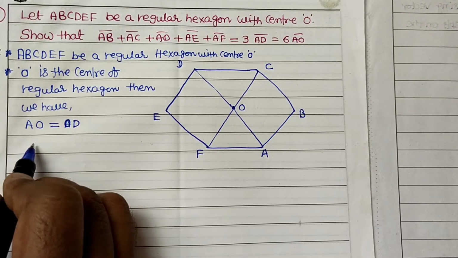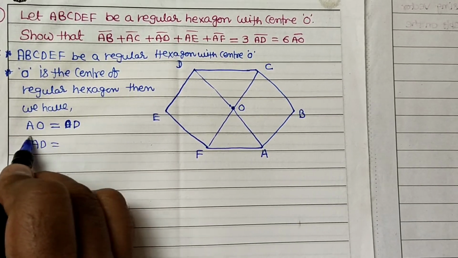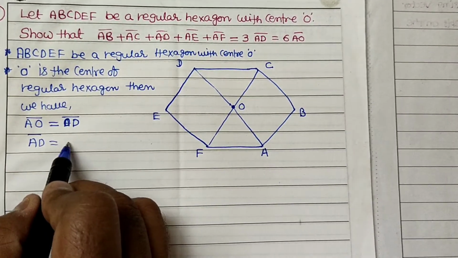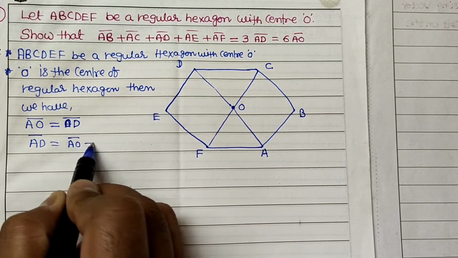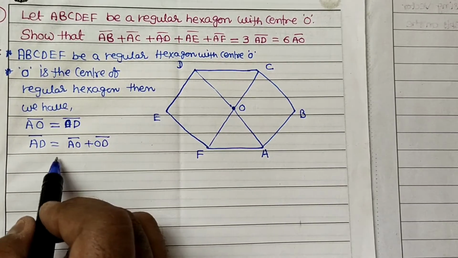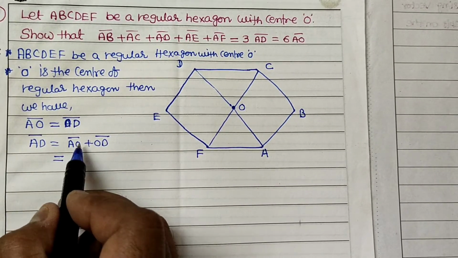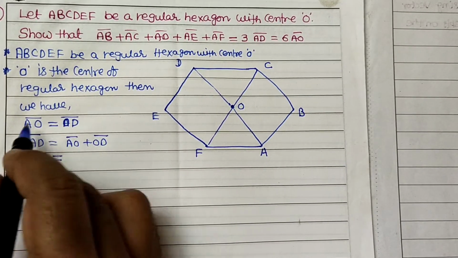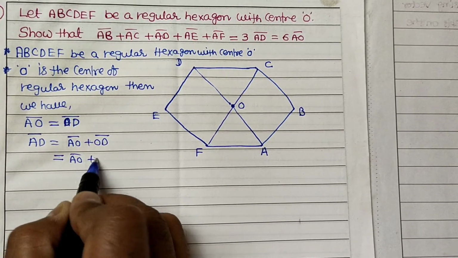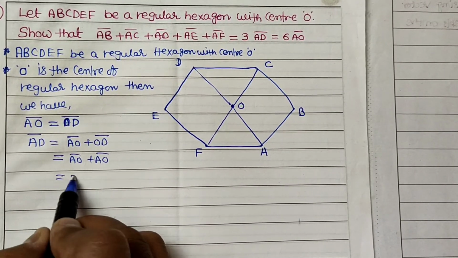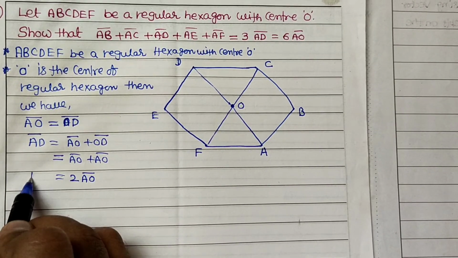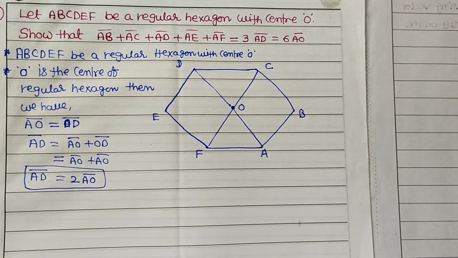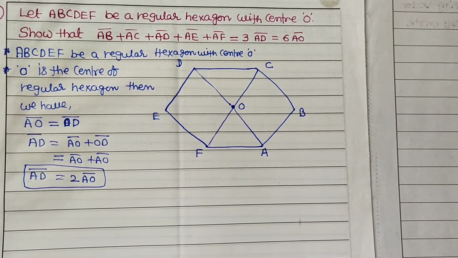So AD can be written as AO plus OD, which is equal to AO plus AO, which is equal to 2 times of AO. So AD in terms of AO, we got it. You put it in a box, this result we will use in the coming steps.